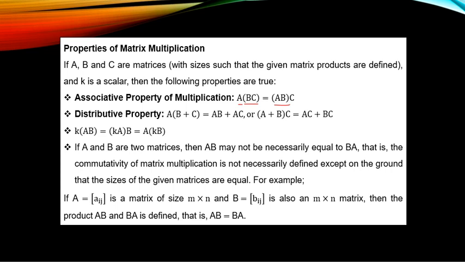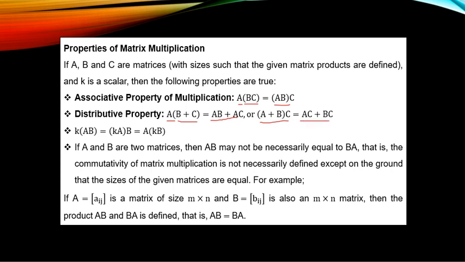Distributive property. This one has two forms. If you add two matrices and multiply by the first one, it's the same thing as multiplying the second and third matrices by the first one before adding them. Or you add the first two matrices and multiply the result by the third one, or you multiply the first two matrices by the third one before you add.